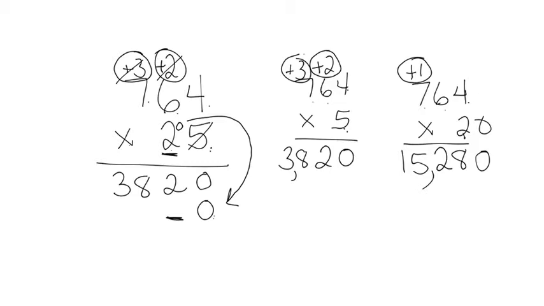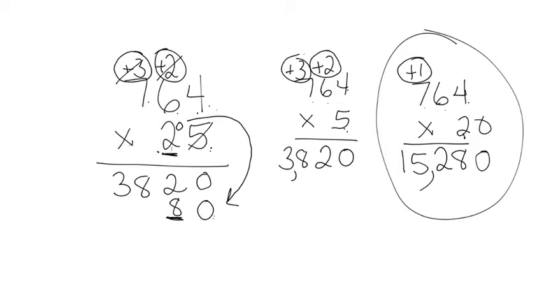Even though my 2 is in the tens place, I am still going to work right to left and just multiply my basic facts like I did all the way to the right here. So 2 times 4 is 8, and my product begins under the tens place. 2 times 6 is 12.